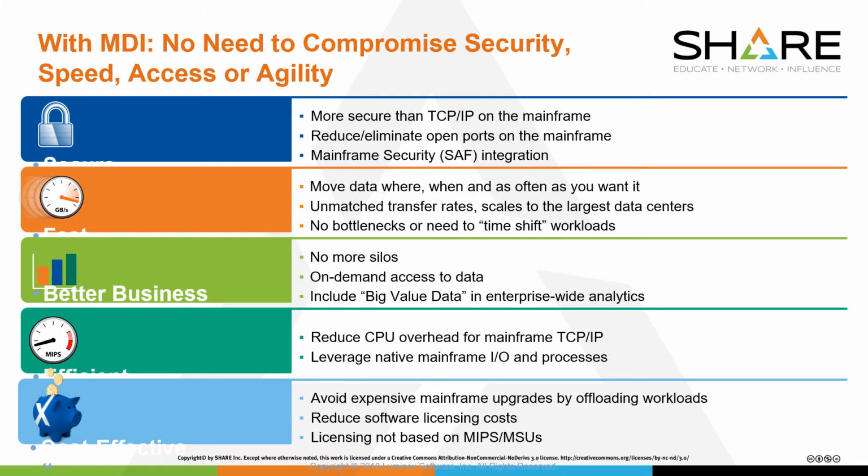You're going to take all that CPU overhead that you were burning on the mainframe away. It'll be happening on a smaller Unix box. And then the end result is you can potentially avoid expensive mainframe upgrades and or expensive software licensing costs from having to use it on bigger LPARs, because you're not burning those MIPS, you're not having to use a big LPAR on the mainframe anymore.